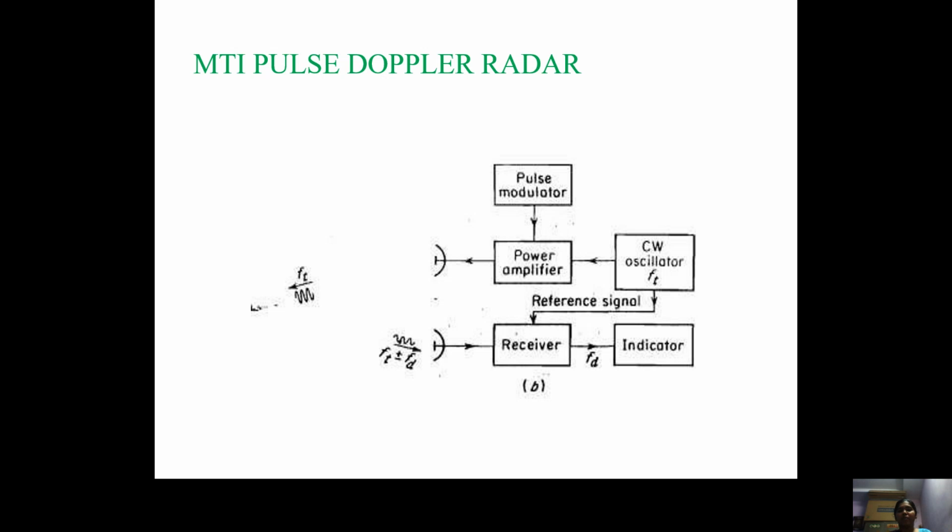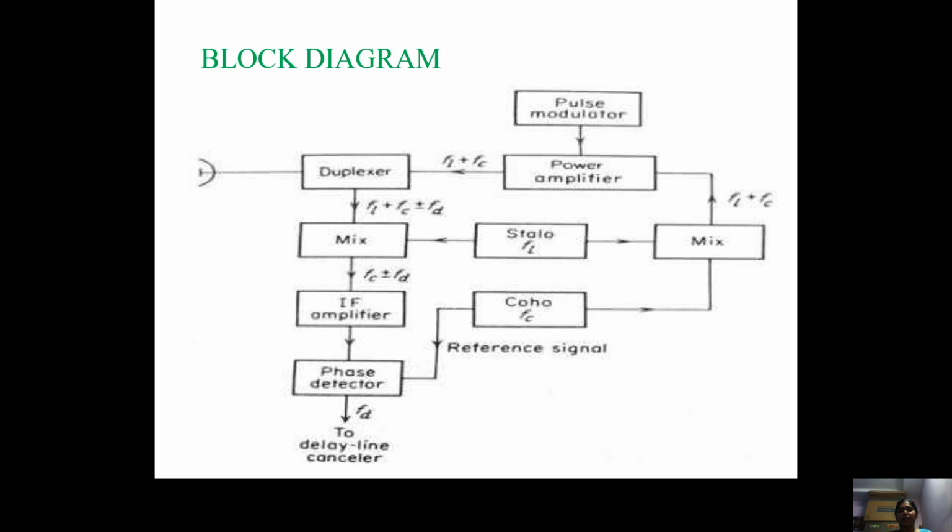Whereas in this design, the reference signal is obtained from the coherent stable oscillator, denoted by f0. So the main difference lies in how the reference signal is supplied to the phase detector available in the receiver section.